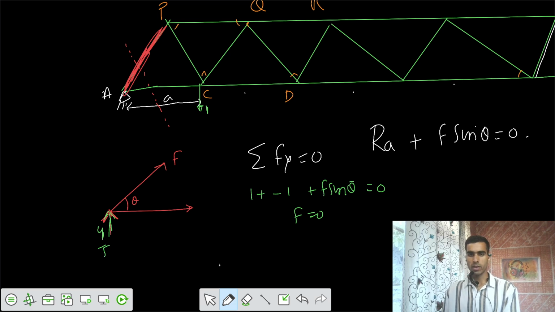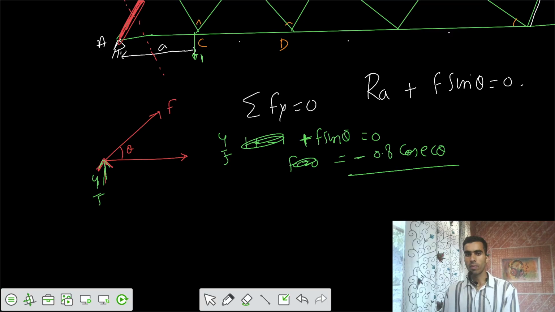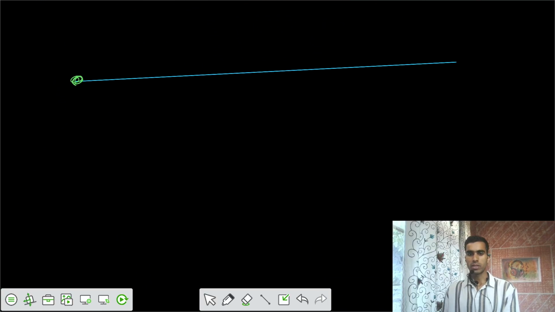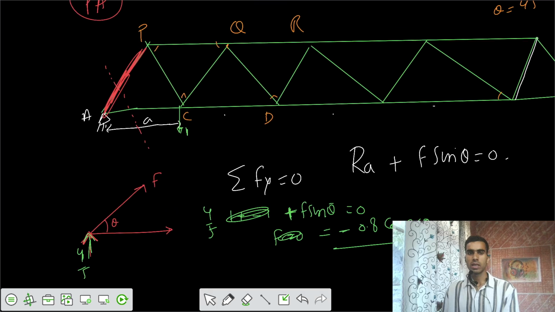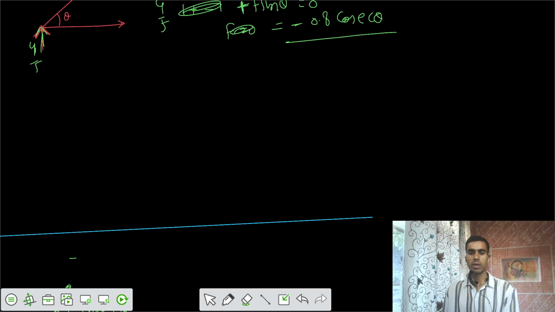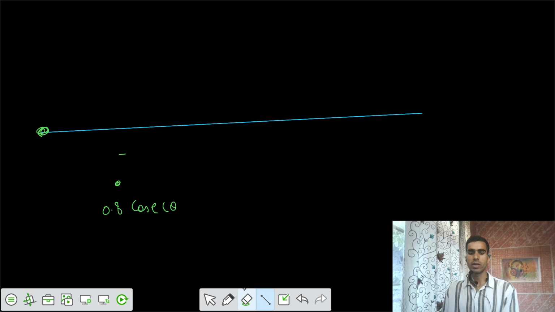So 4 by 5 upwards plus F sine theta also upwards, so finally we get a negative value, minus 0.8 cosecant theta. Once we have those two critical points in member PA, we have to join them by a straight line. So this is your ILD. You can join them, and finally this is your final ILD.